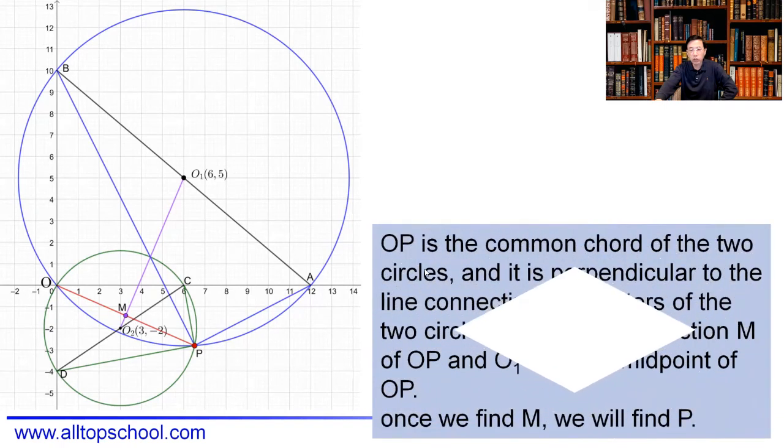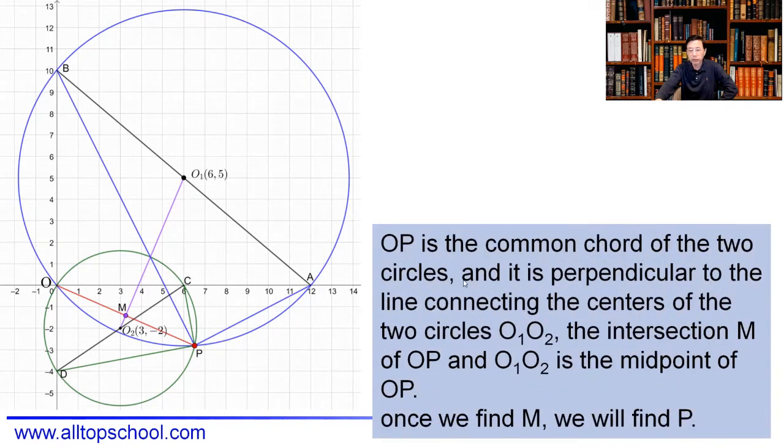OP is the common chord of the two circles. It is perpendicular to the line connecting the two centers, O1, O2. The intersection point of O1, O2, and OP, we call M, is the one we should find very easily. Once we find this M, we will find P immediately because M is the midpoint. So that will be an easy job.